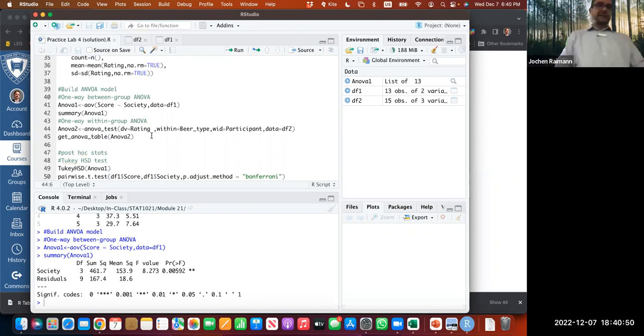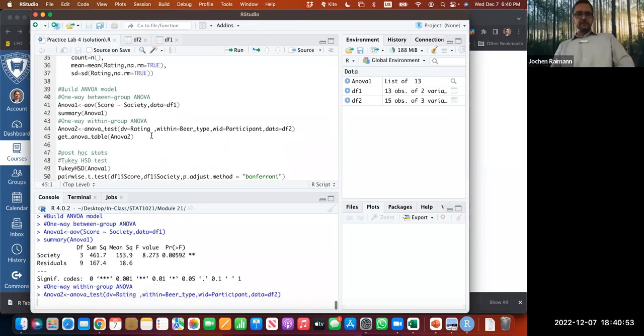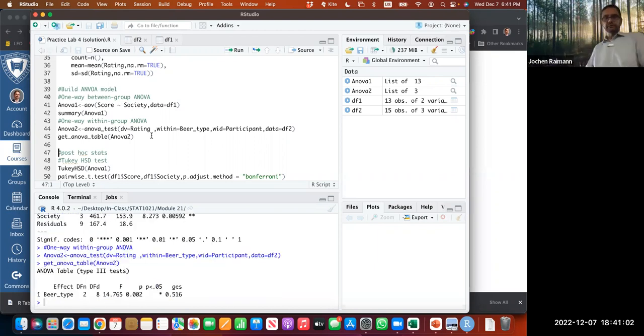Once you run line 44, that actually takes a little longer because it requires more processing time, because the calculation is a little bit more complicated. And then let's get the ANOVA table, anova2, which is our beer drink example. This gets you to the within groups ANOVA. This gets you to a source table, which is smaller than the one that we computed, but basically you have degrees of freedom with 3 beers, it's 2.